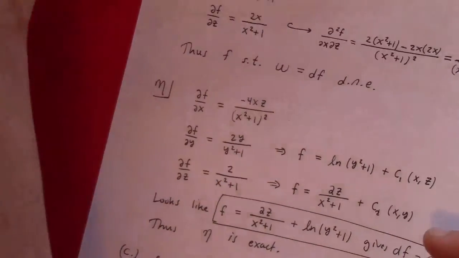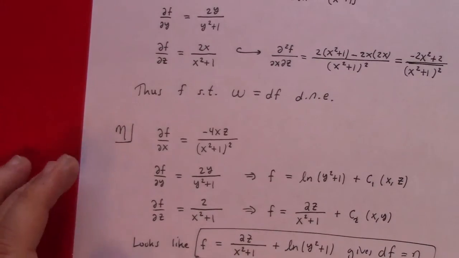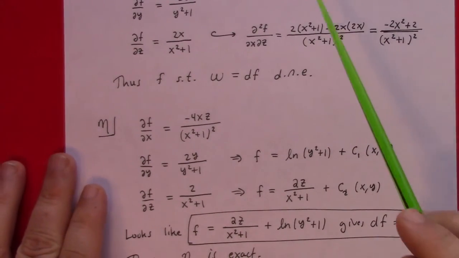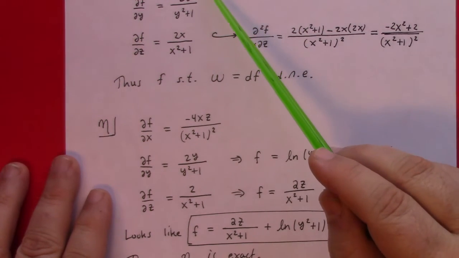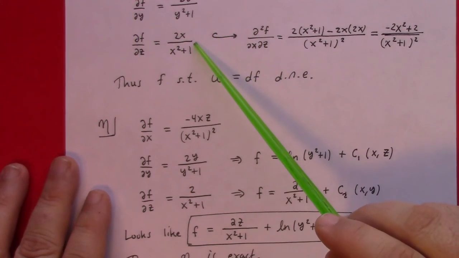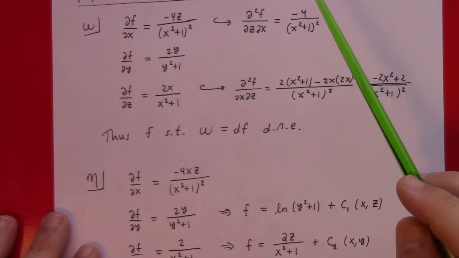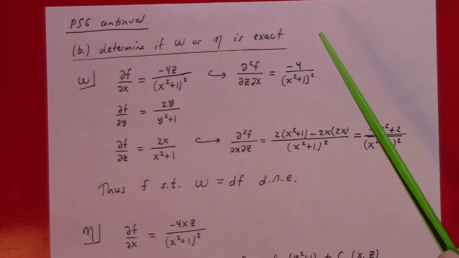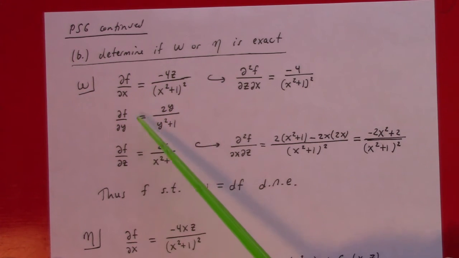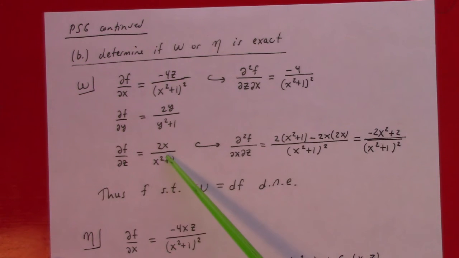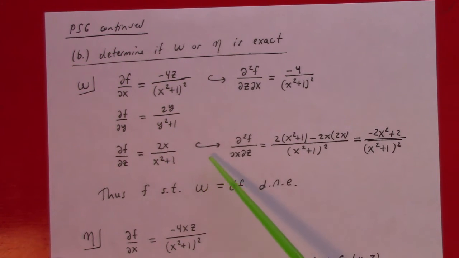And the reason I think that is because for part B, when I decided if omega or eta was exact, so when I tried to solve the potential equations for omega, right, try to find an f such that df is equal to omega, well, that's tantamount to partial f partial x being the coefficient of dx, partial f partial y the coefficient of dy, partial f partial z being the coefficient of dz.